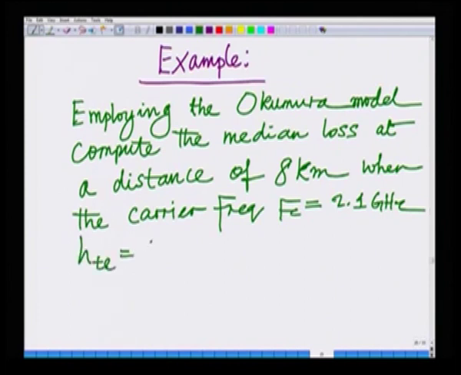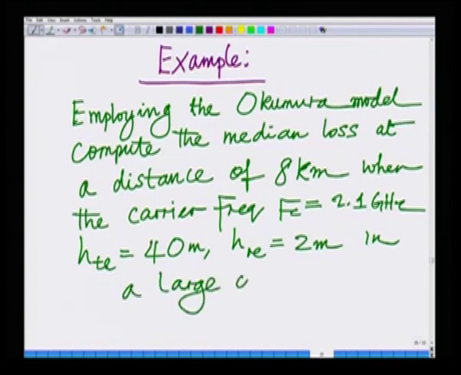H T E, the transmitter height, equals 40 meters, H R E equals 2 meters, in a large city. All right.